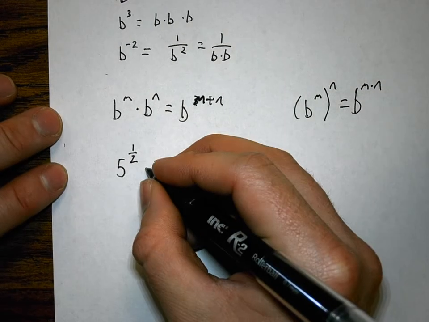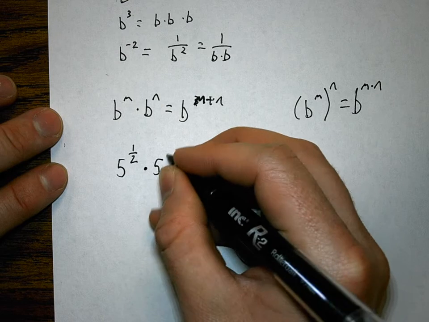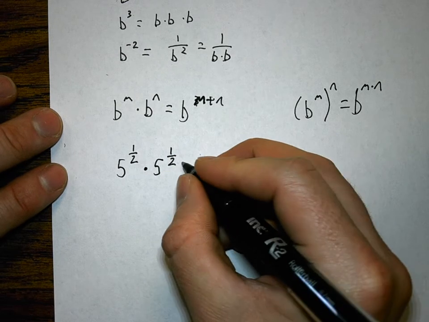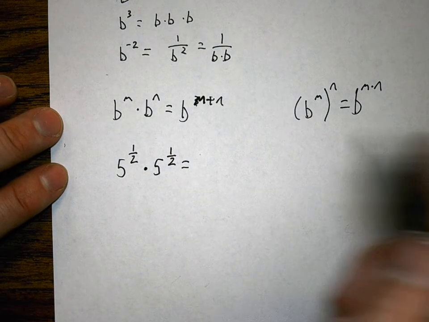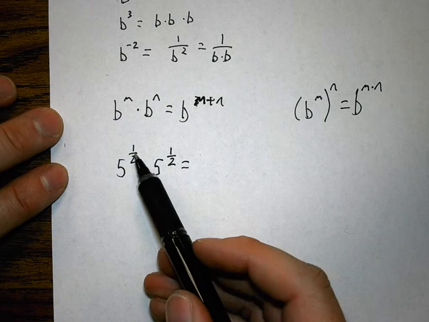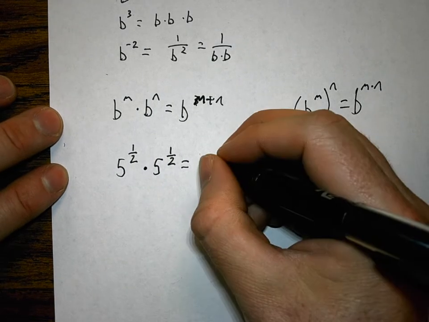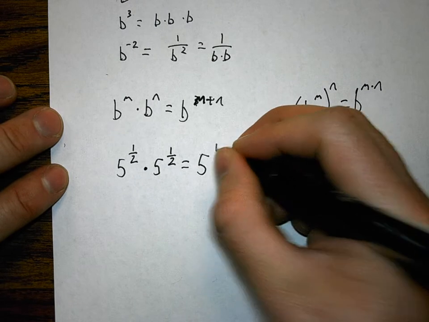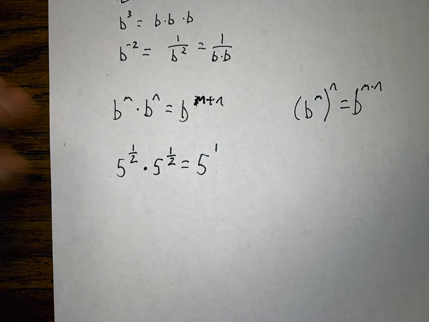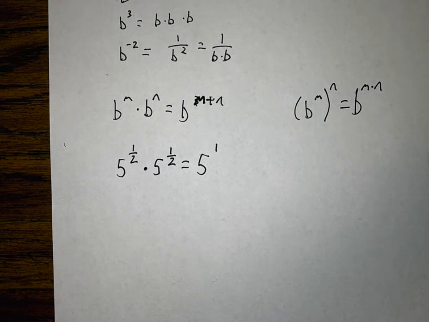If I use the product rule, I multiply 5 to the 1/2 power times 5 to the 1/2 power. I must add my 2 halves together to get a whole, which means I have 5 to the 1st power. Now, what is 5 to the 1st power? Well, it's just 5.